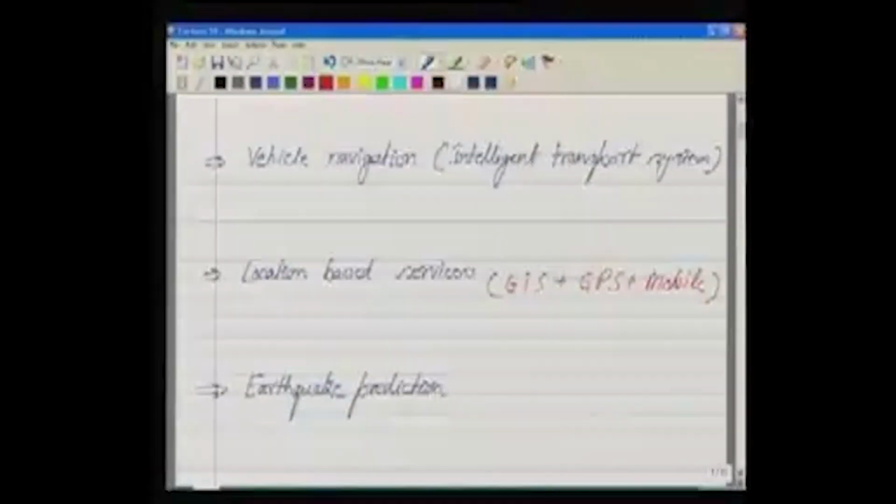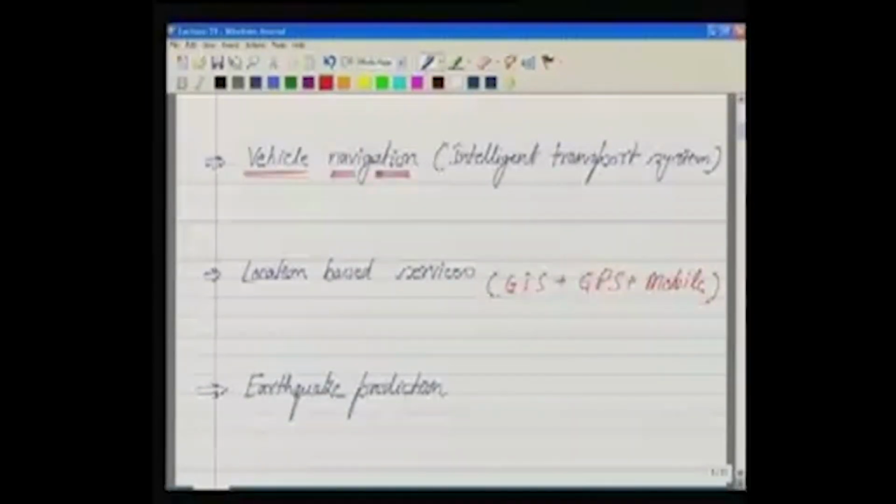So mapping is the generic term here. The mapping could be for a variety of purposes. The application of GPS we can say in agriculture mapping, in disaster mapping, in urban mapping, or mineral mapping. So depending on our application area, the GPS can be used in all those areas for the basic thing, that is mapping.